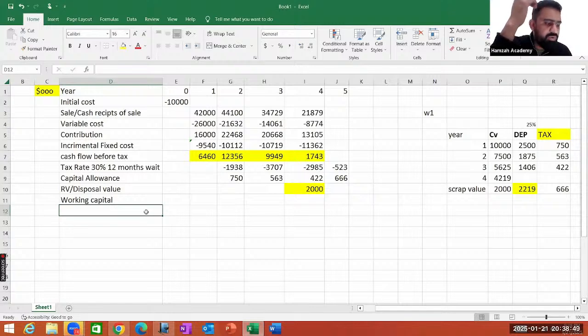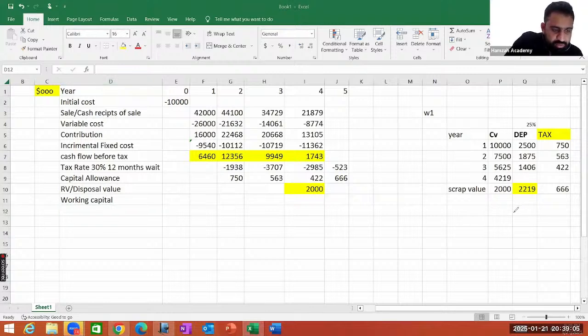That amount of capital is known as working capital. Now, this working capital is usually required from the start of the year.